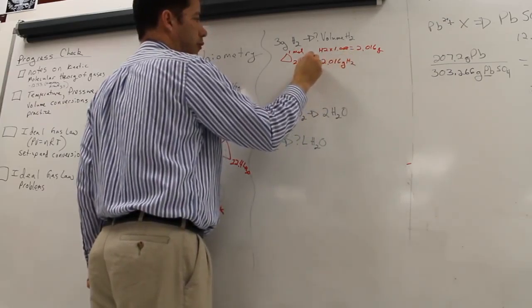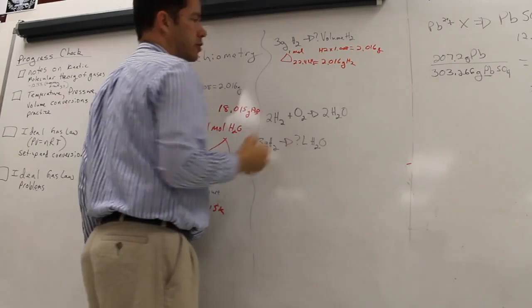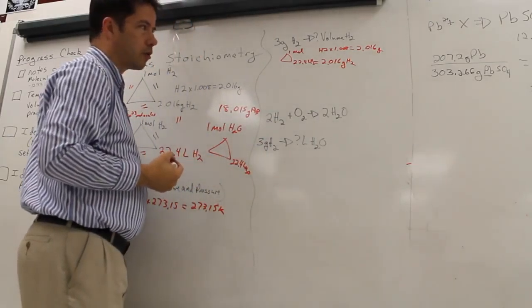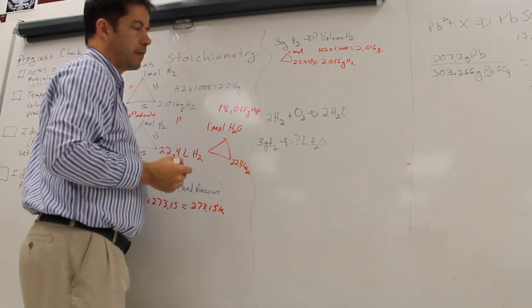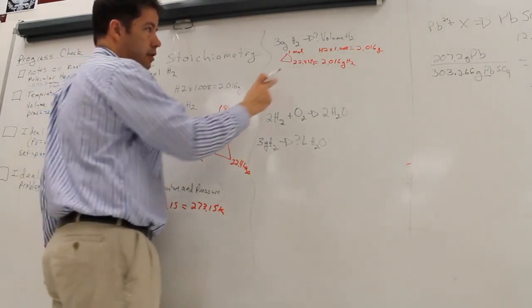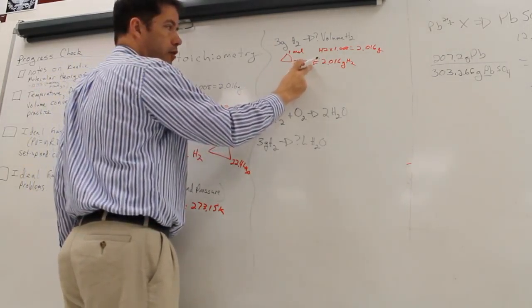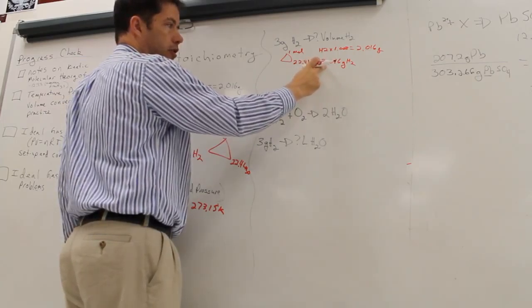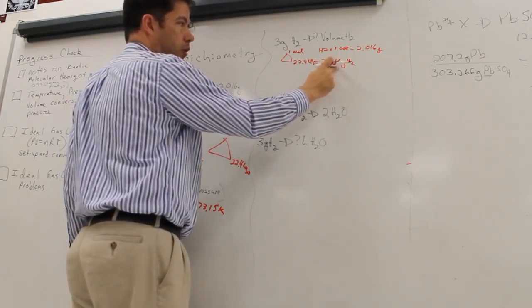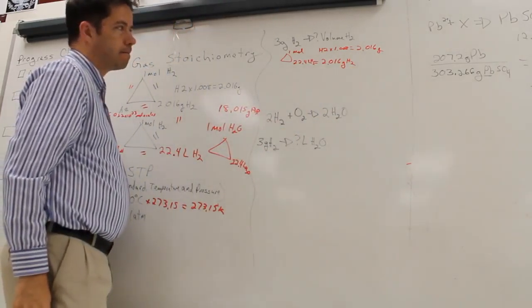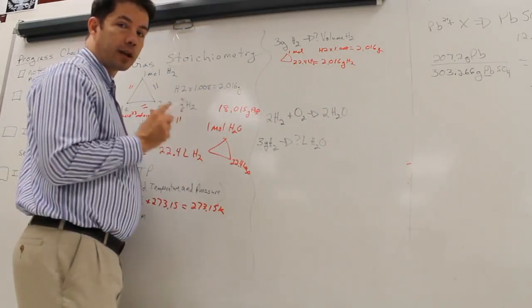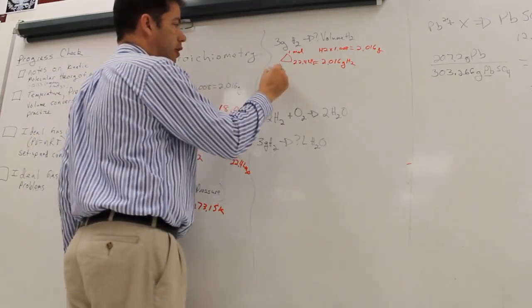So 22.4 liters of H2 is equal to 2.016 grams of H2. Let me say that again because I said it fast. 22.4 liters of H2 is equal to 2.016 grams of H2. Okay? So now that I know my conversion factor, I can do the dimensional analysis line.